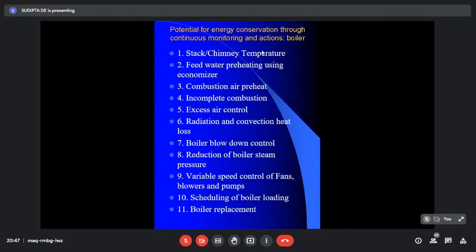Just write down: feed water is initially heated with exhaust flue gas, to recover waste heat as far as possible.